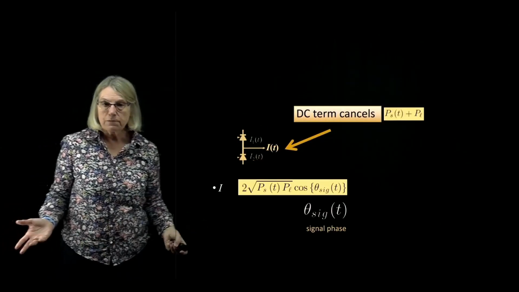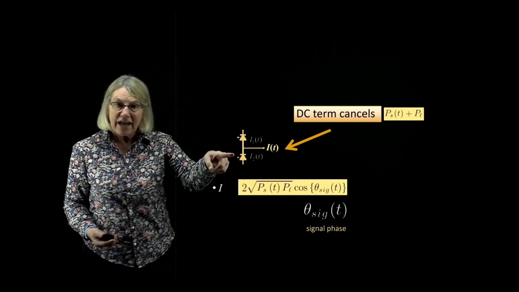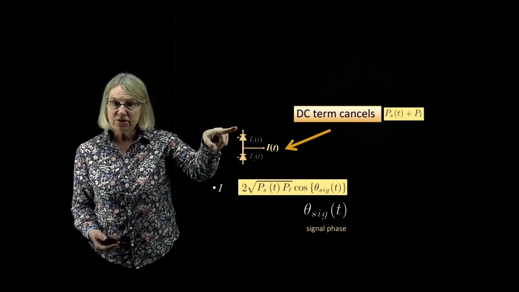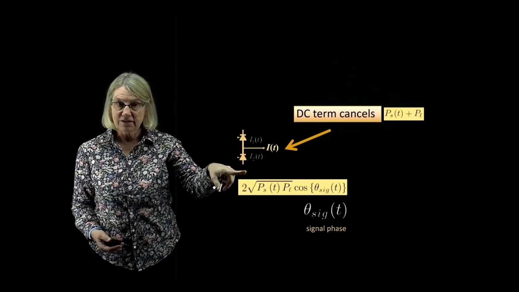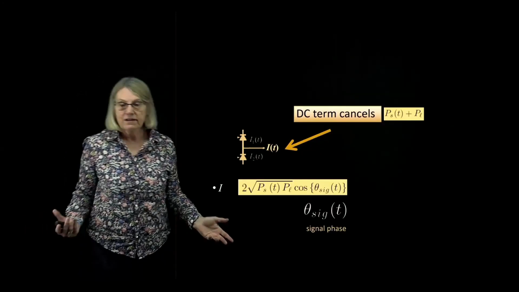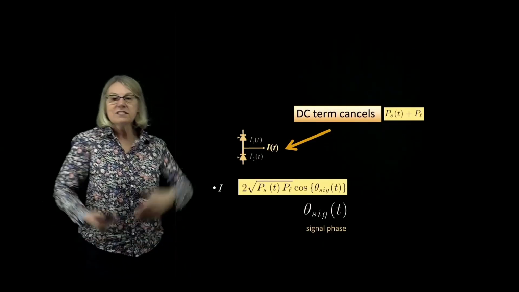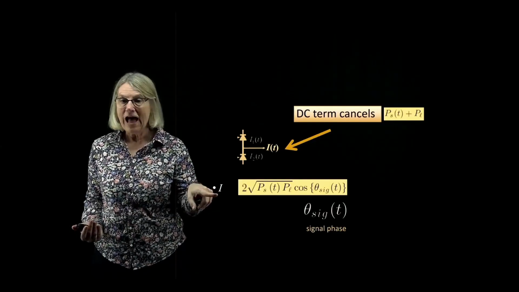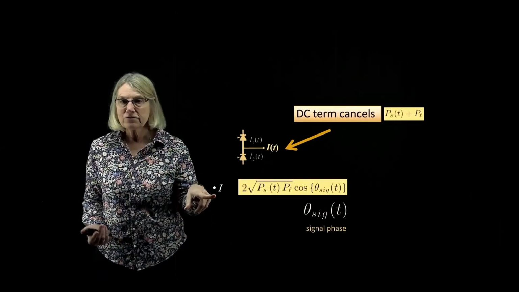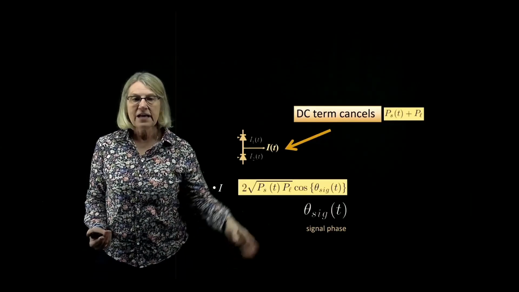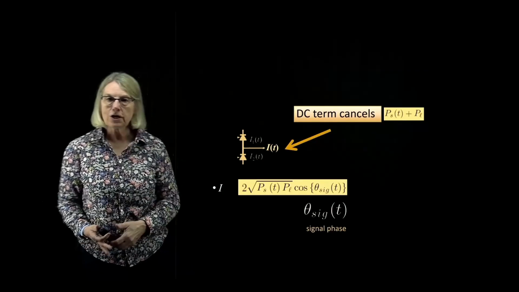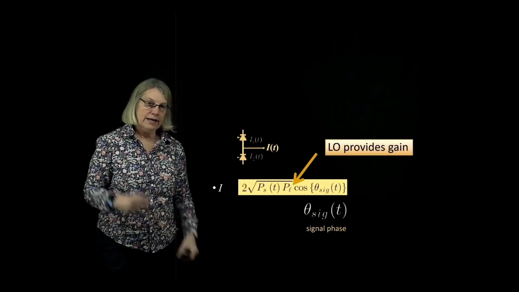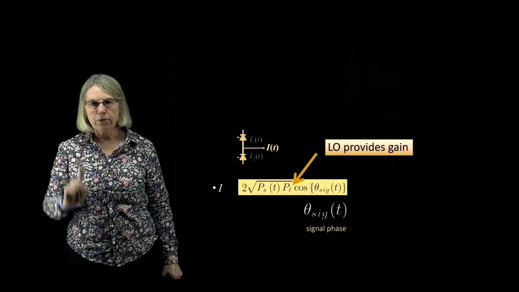One other thing I'll observe using this balanced photodiode is that the DC terms are identical in the first photodiode and the second photodiode. So when I take the difference between these two, this DC term just disappears. And the only thing left in my output photocurrent for the differential signal is something proportional to the cosine of the signal phase.